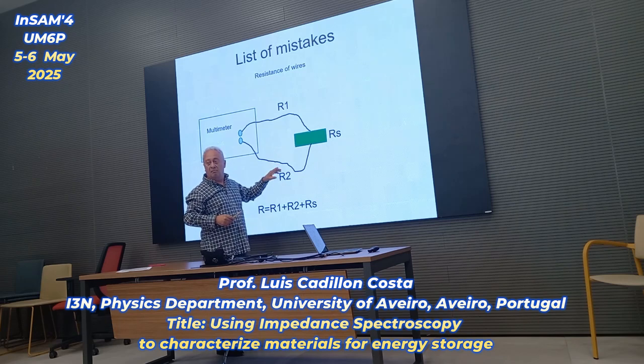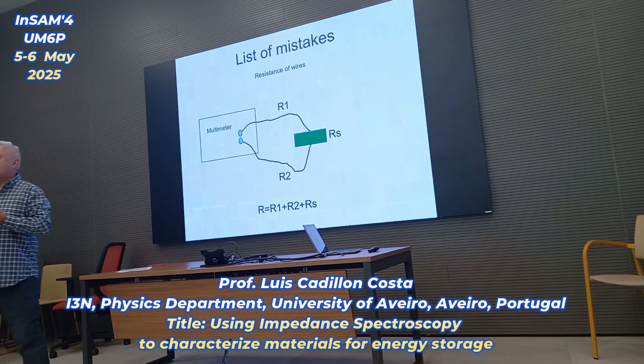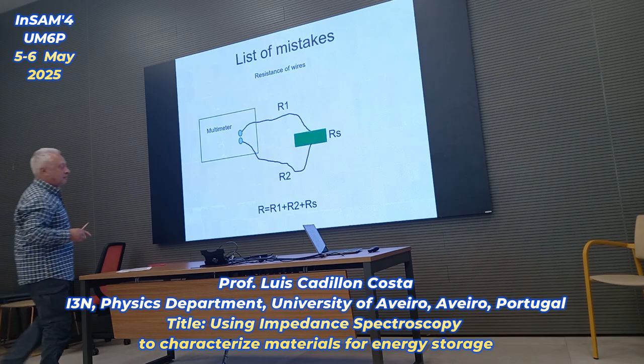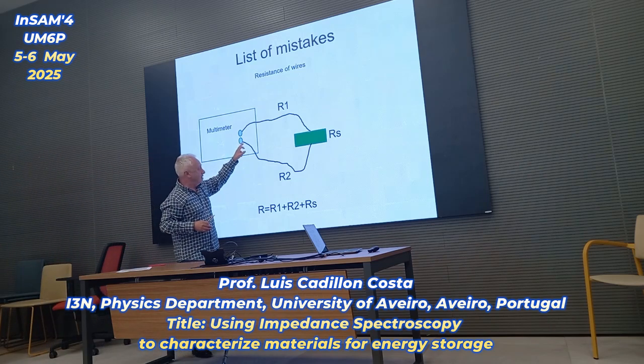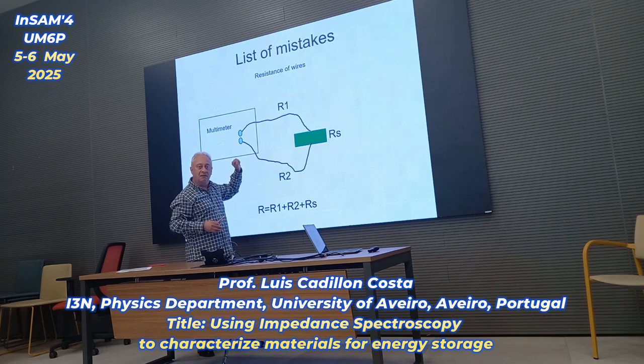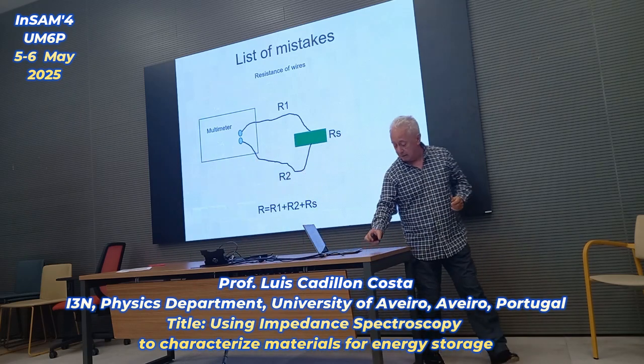In my case, I usually measure glasses and polymer composites, not very conductive, so I do not have this problem. But if you have a very conductive material, I must be careful with the length of this wire, because it also contributes to the measurement made by this equipment.